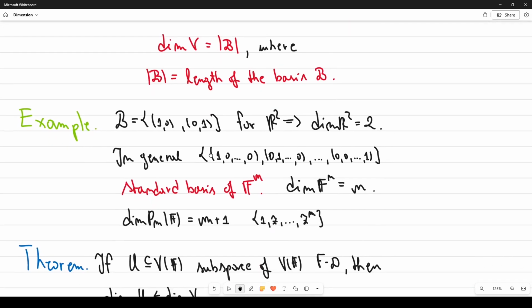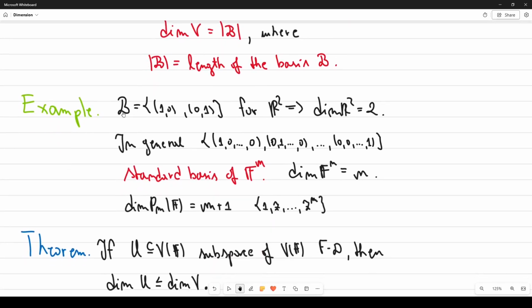So for example, we have that B, like this, is a basis of R squared. So the dimension of R squared is equal to 2. In general, this basis over here is called the standard basis of F to the n, the ordered n-tuples of elements in some field. So the dimension of F to the n is equal to n, since there are n vectors here.